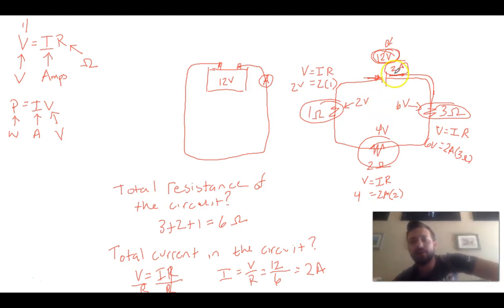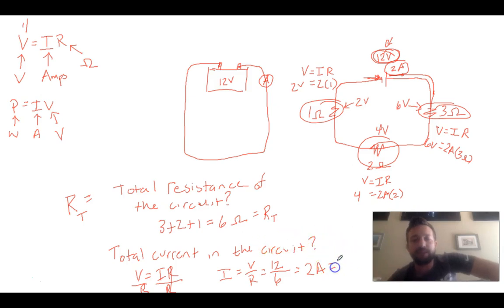Is figuring out now I'm gonna kind of go through that step process that we had here. I'm gonna give you some circuit, okay? On that circuit, you're gonna have resistors and a battery. I'm gonna ask you to find the total resistance, which we represent by big R, tiny t, sub t. So that, in my case here, our total resistance was 6 ohms. And then I'm going to ask you to find the total current after that.